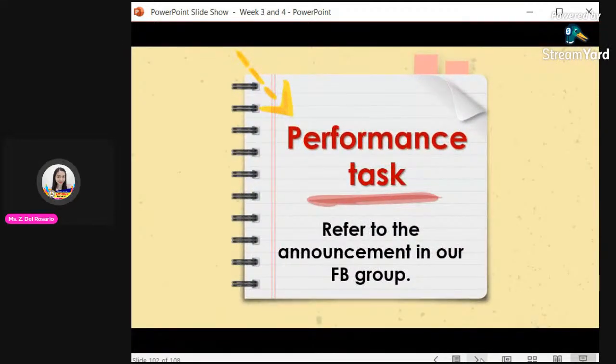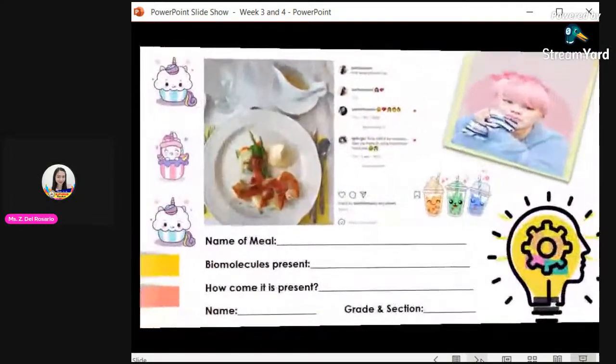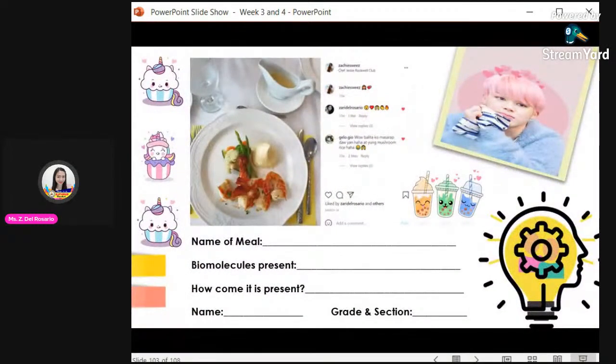As for your performance tasks, you would simply be sharing your meal. It could be taken from Google or it could be captured by yourself. It's not a requirement that you will be cooking your own food, as long as you have a picture to incorporate on the meal.